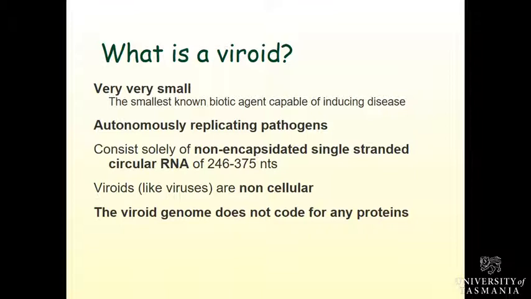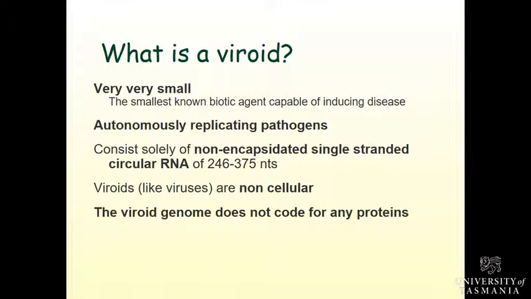Now, I know in animal systems we talk about prions, which are just proteins capable of inducing disease. These, I think, should be smaller than that. You don't get prions in plants, but viroids are certainly the smallest thing capable of inducing disease in plants. I don't think you get viroids in people either, so this is a plant thing.